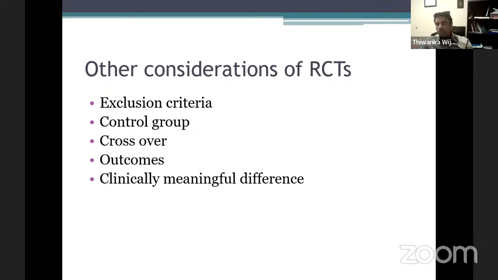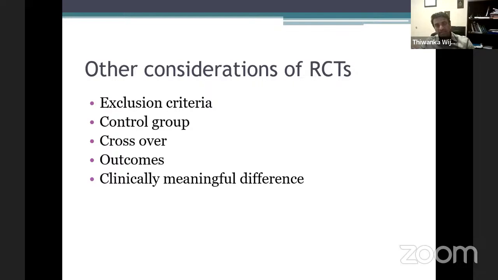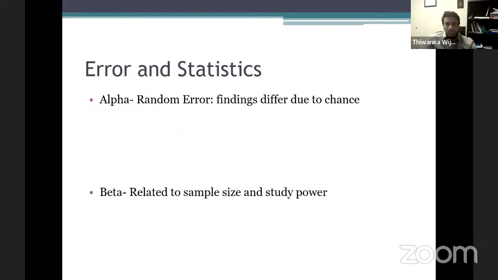So I've given you some structures when you're critiquing RCTs. One set of things is to look at the actual trial design. And the other set is to look at some of these nuances like exclusion, control group, crossover, outcomes, and clinically meaningful difference. Okay.